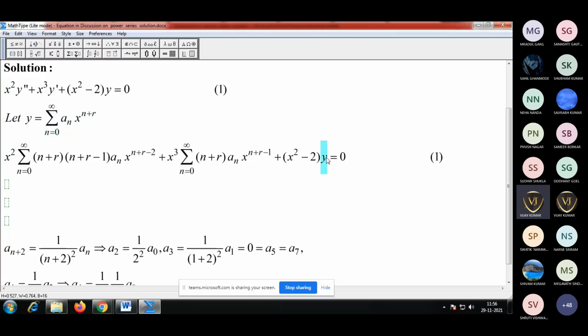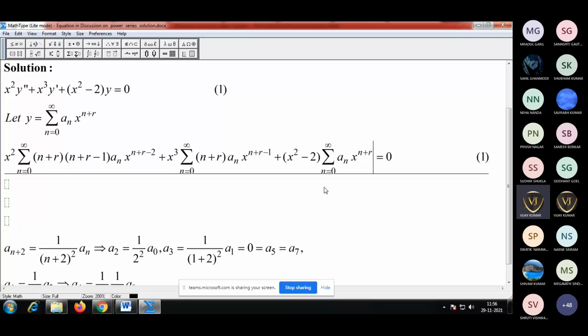So after this step, you know what we need to do? We can combine all the summations. Our target is to combine all the summations.